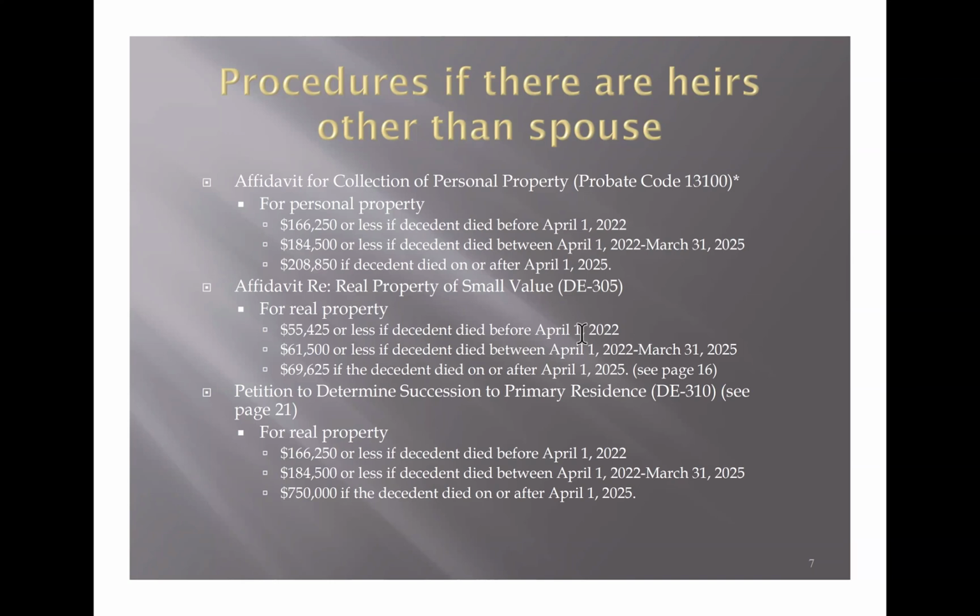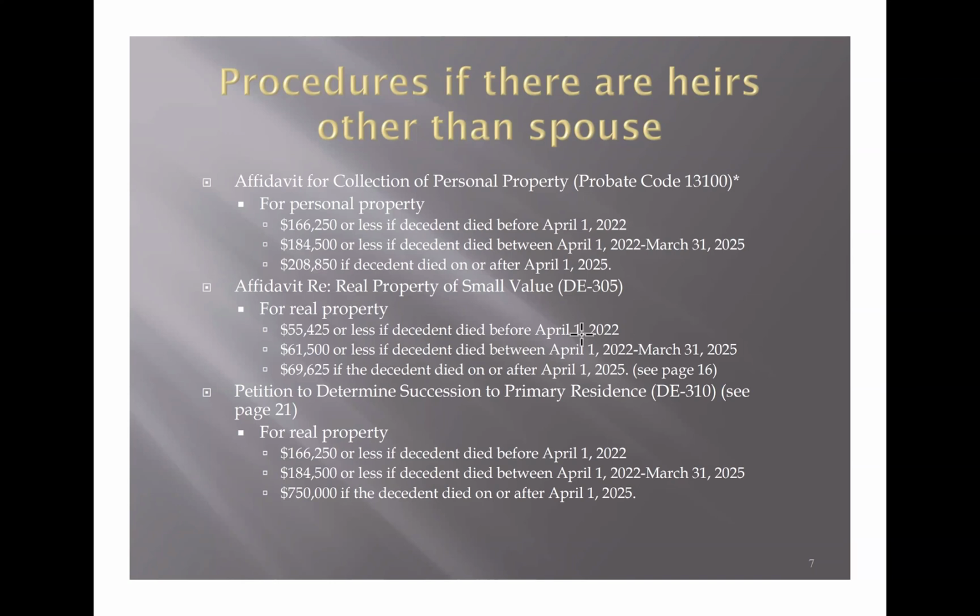So that's a huge increase over what there was. You see, it was $184,500 if the decedent died between 2022 and March 31, 2025. So this will open up a lot of transfers to the simplified procedure.